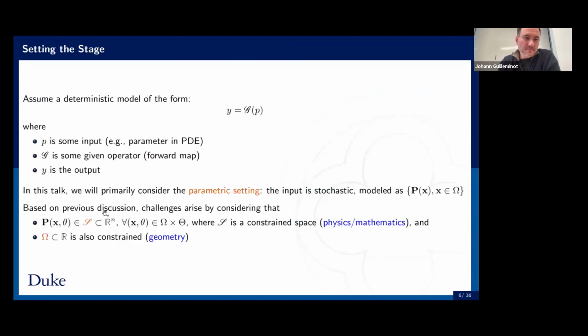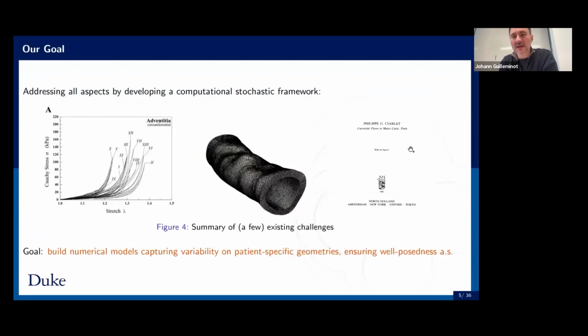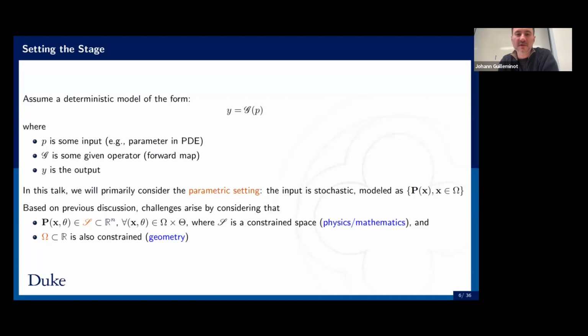And translating what I said into mathematical constraints, P is going to take values in a set S, which is a subset of a Euclidean space.